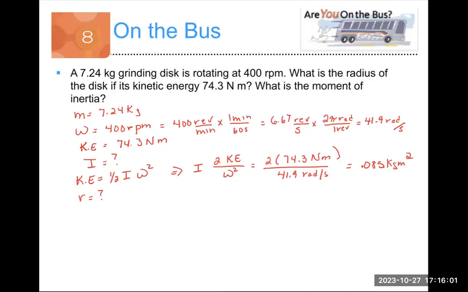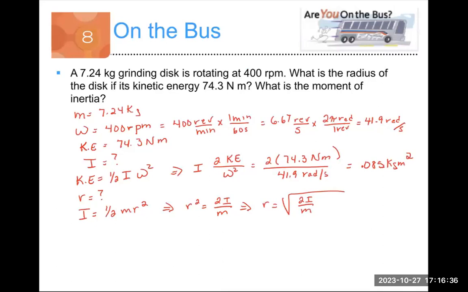Okay. So it tells me it's a grinding disc. So I look up and I get my moment of inertia is 1/2 mr squared. So I solve this. I'm going to wind up with r squared equals 2I over m. And then I just want r. So r is going to be the square root of 2I over m.